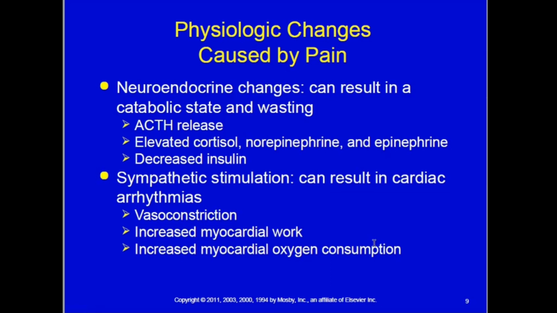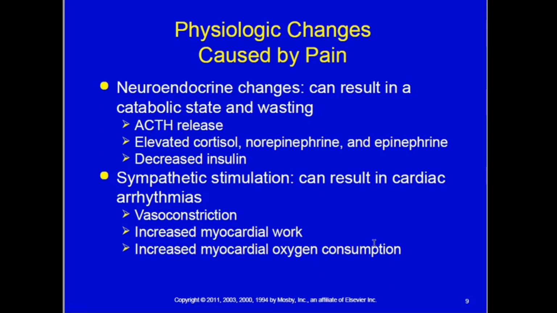Now, what are the physiological changes that are caused by pain? Every system is involved in pain, so different changes in different systems will happen due to pain. In the neuroendocrine system, the changes can result in a catabolic state and wasting.